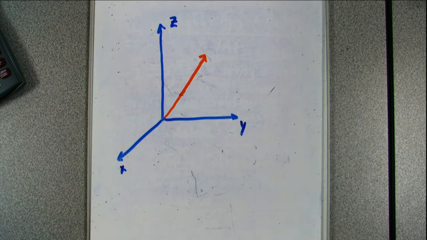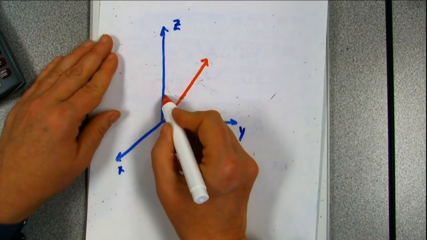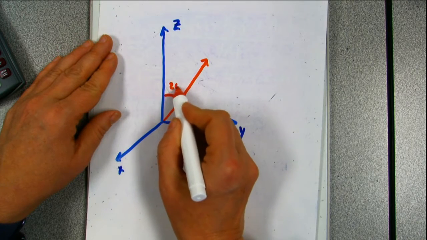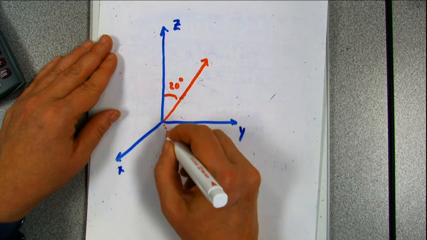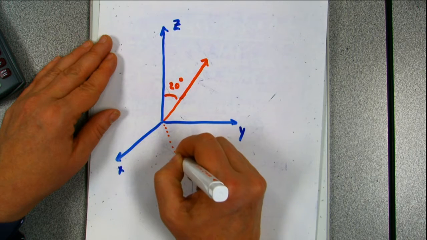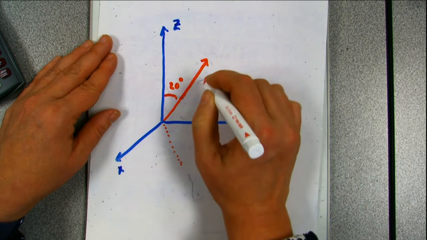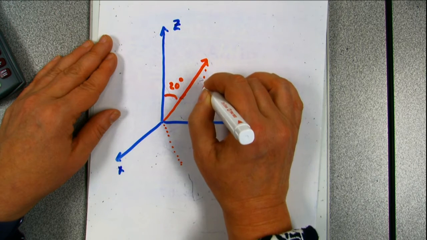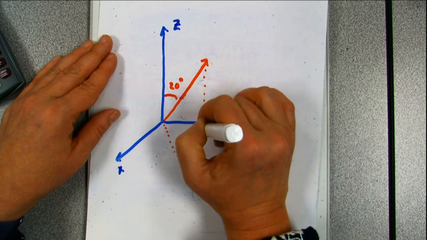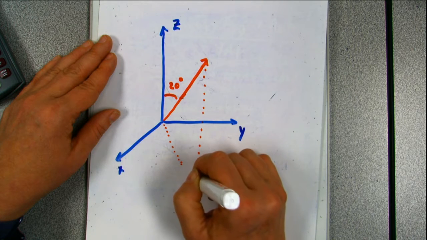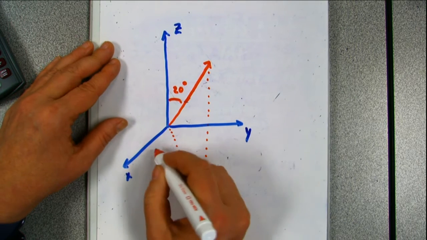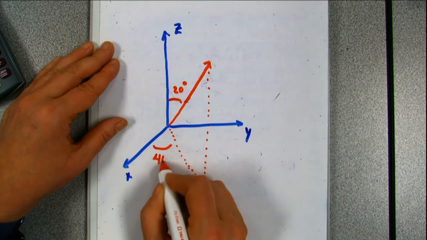So, for grins and giggles, I'm going to give you that this is 20 degrees, and then I'm going to do my projection on this axis. And I'm going to tell you that that is 40 degrees.